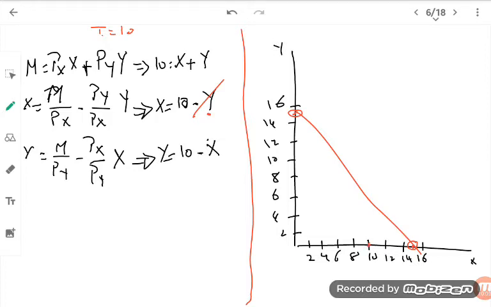And you are going to substitute X in equation number 3 with 0, so it's 0 and 10. As we said before, a change in income will cause a shift in the budget line.